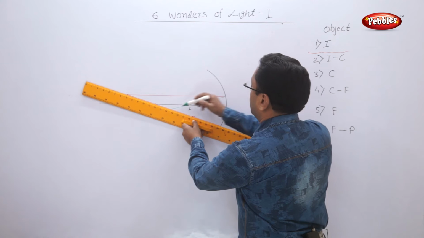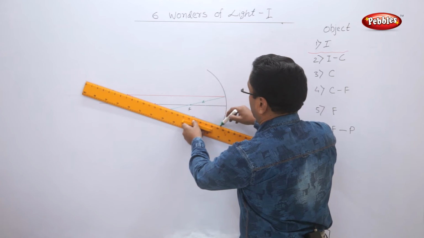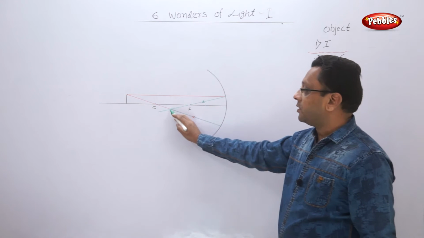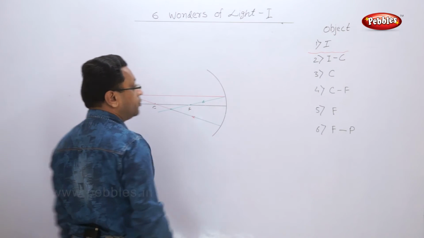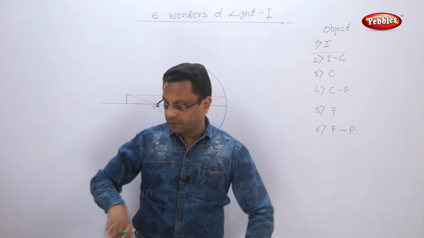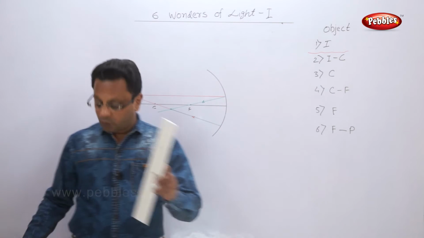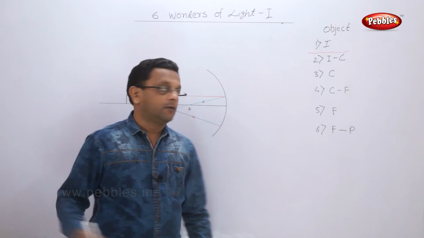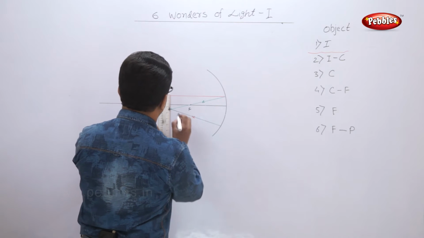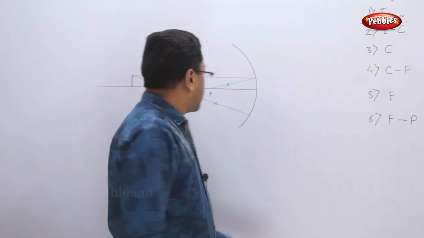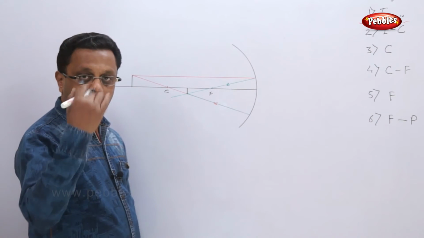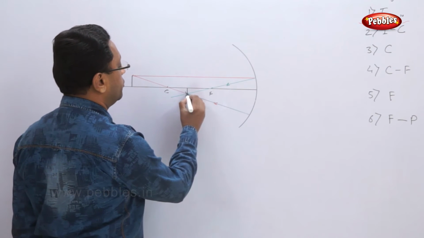And your point of intersection is this. At the point of intersection, you will get an image. So you will get the image at this point, on the downside, opposite side of the object. Now you can draw arrows.